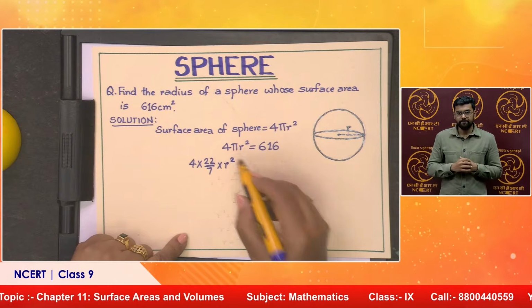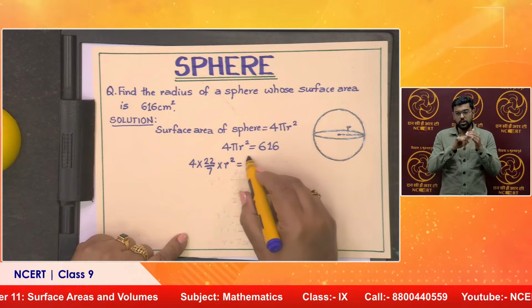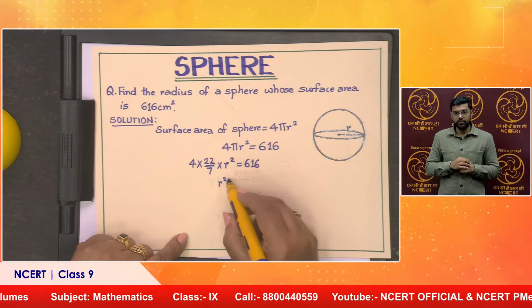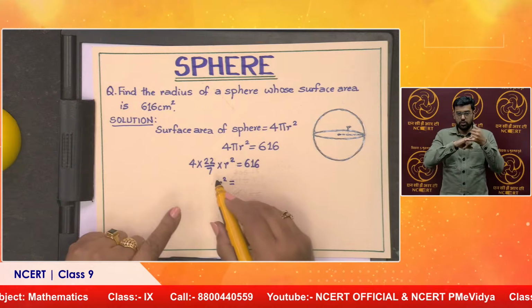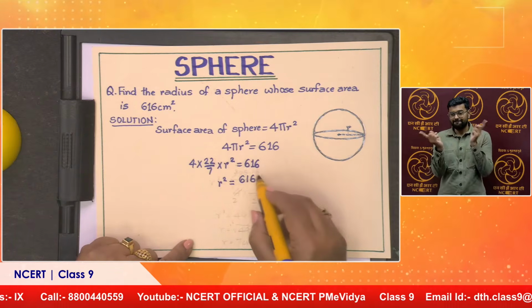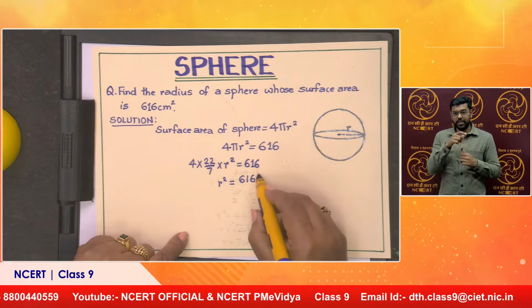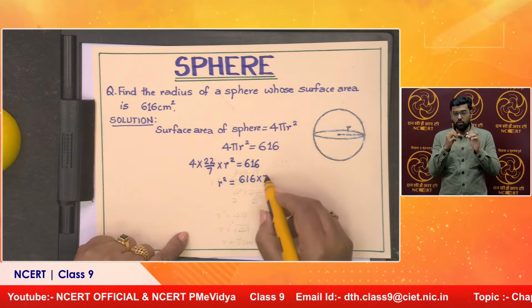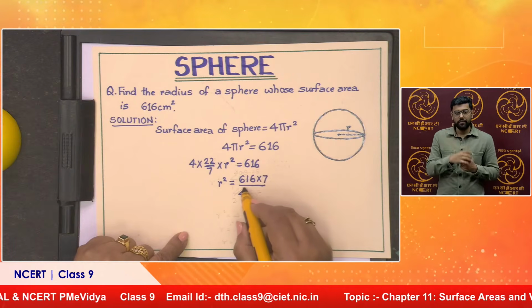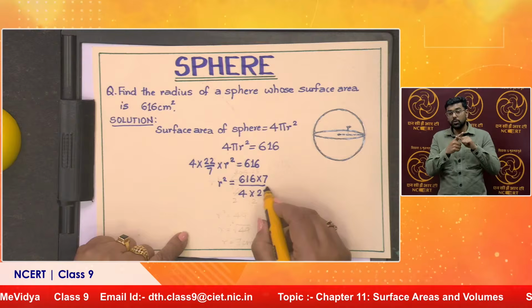So, let me write r square is equal to 616. Now, I will keep r square on one side because I need to calculate, and other values will be shifted to other side. 7, it is in denominator. When I take it to other side, it gets multiplied. So, 616 into 7 upon 4 into 22.